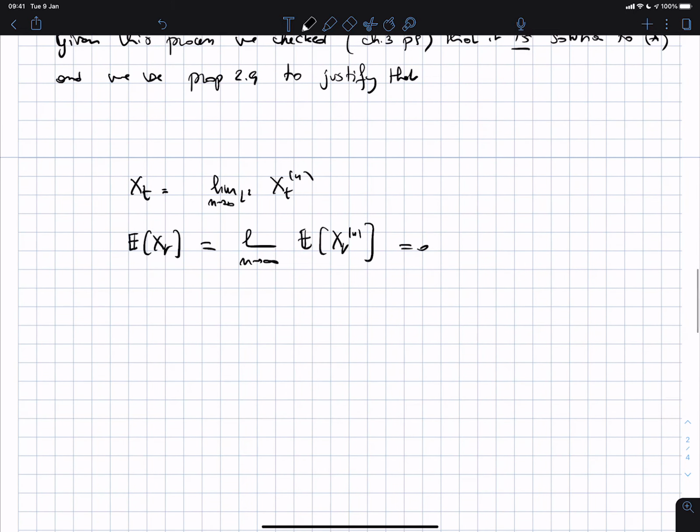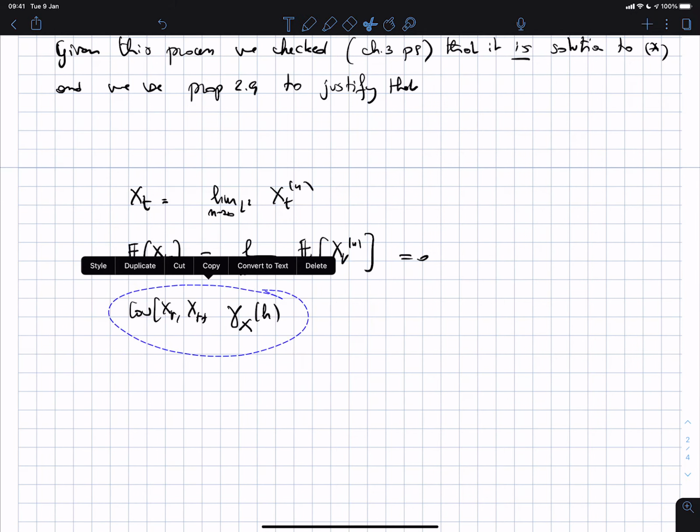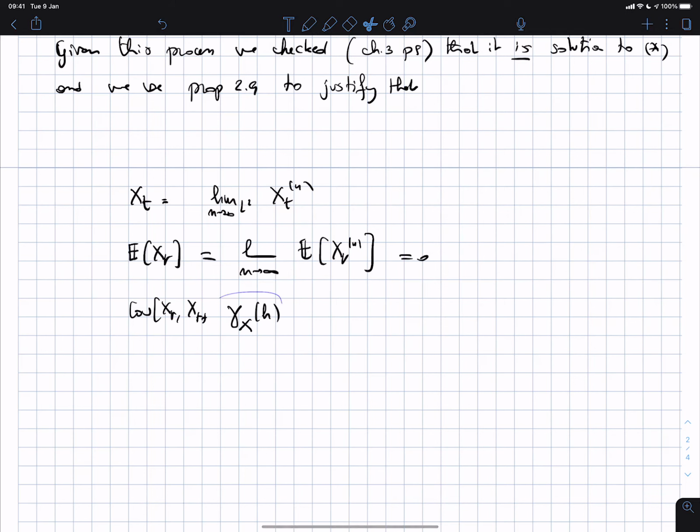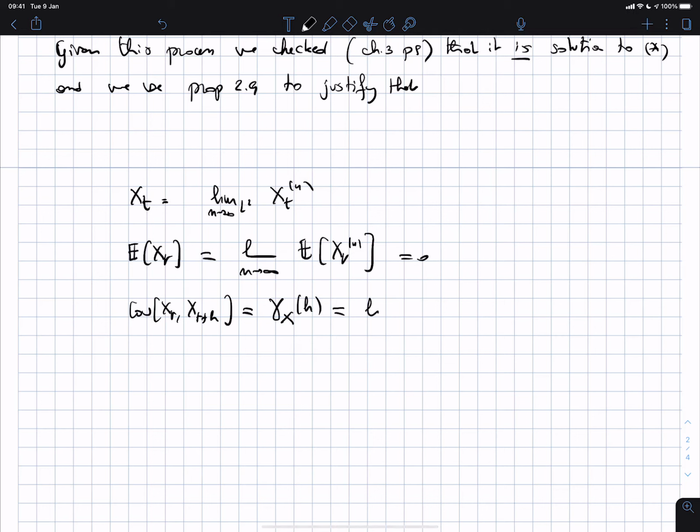And thirdly, that the covariance of x is indeed a function which does not depend on t, which is equal to the limit.